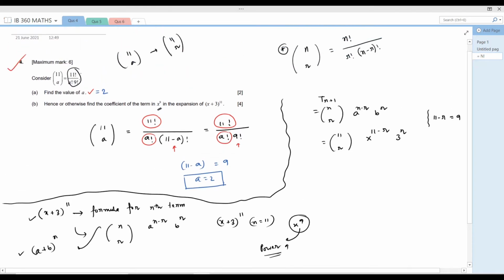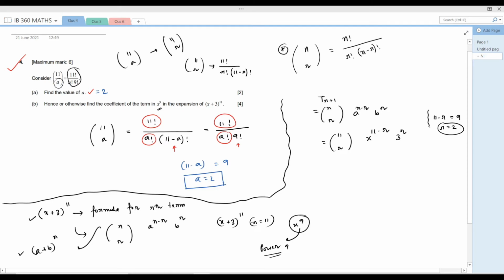So this is basically r factorial, let me give you more clarification. It is 11 factorial divided by r factorial into 11 minus r factorial, so it is 9 factorial. So 11 minus r equals 9, so r equals 2. We have got the value of r.